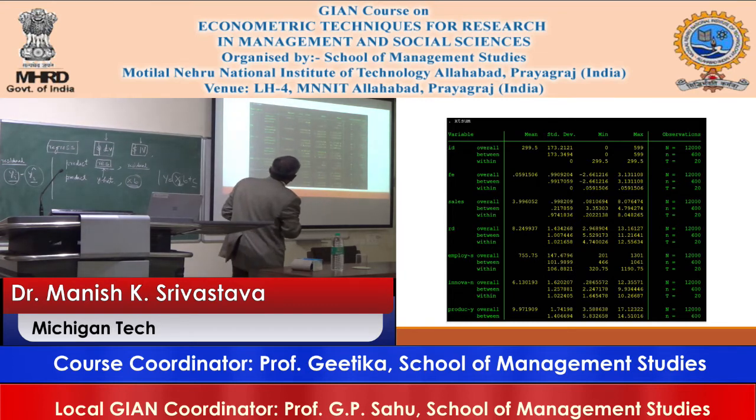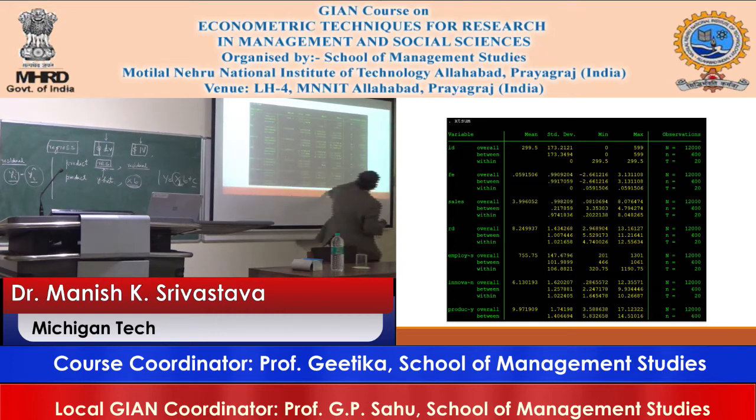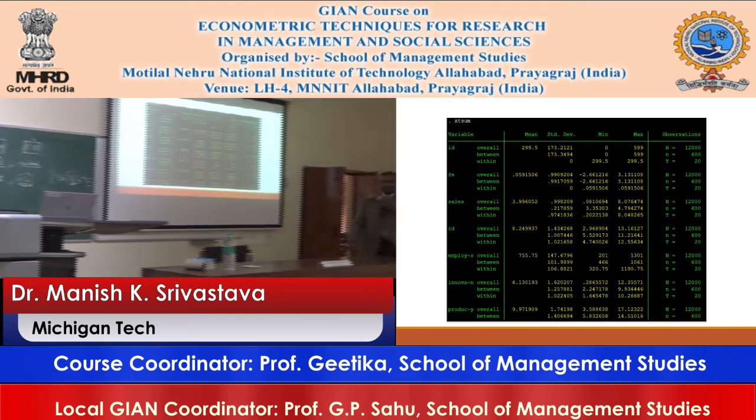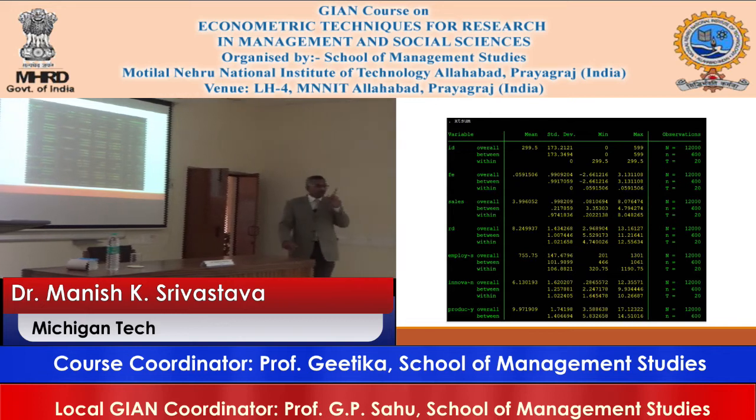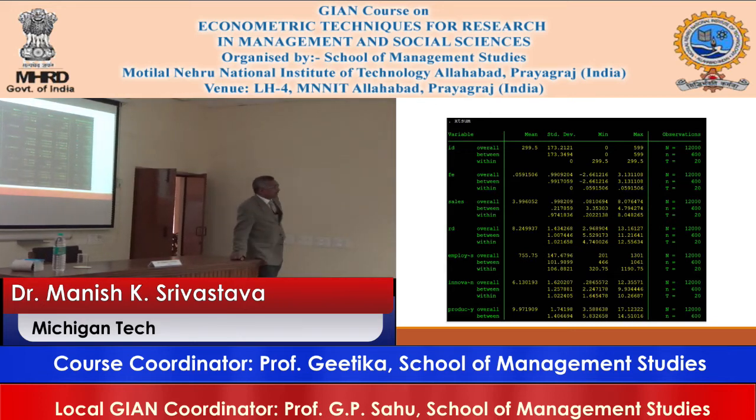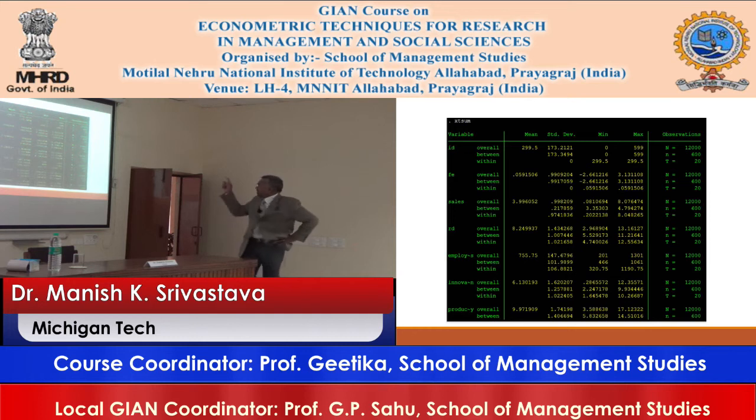panel data set. Okay? Now you can see here that this is the description, and the description is telling me what kind of data this is. We know that there were 12,000 observations, but it is also saying n is equal to, so there are two n's here.